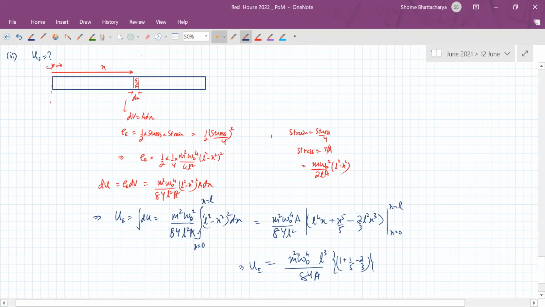Okay, now you can see it's dimensionally correct. There's an A square.